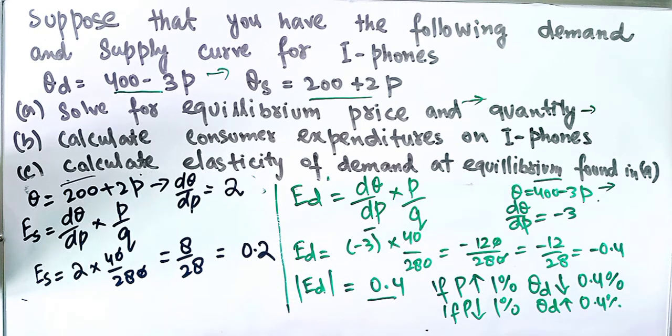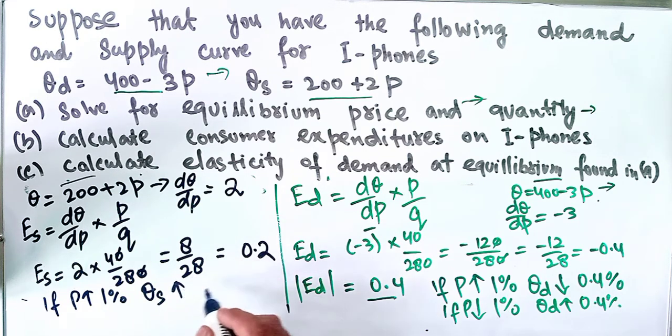I am not sure what is here in the decimals. So that simply would mean if price would have increased by 1%, quantity supplied would have also increased by 0.2%, because there is a positive relationship between price and quantity supplied.